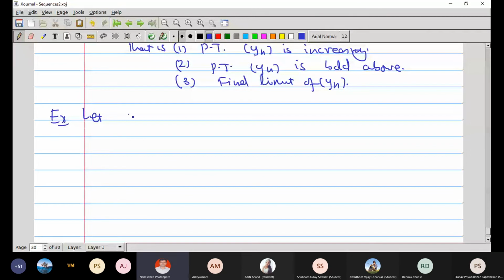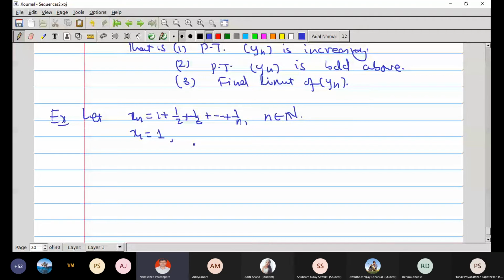So let's suppose xn is this. Right, so what is the first term of this sequence? 1.